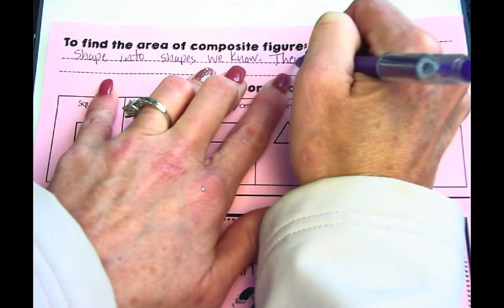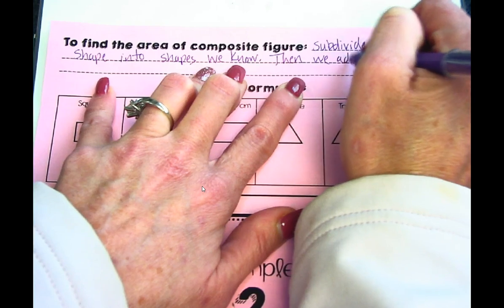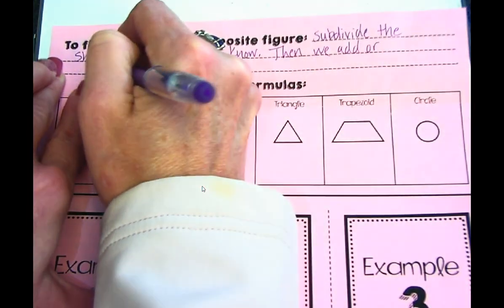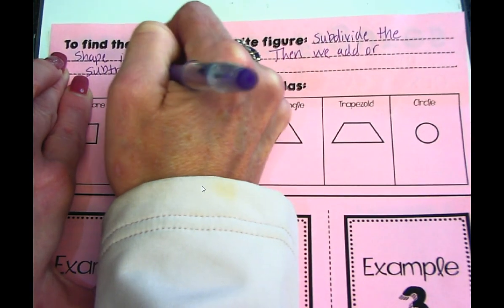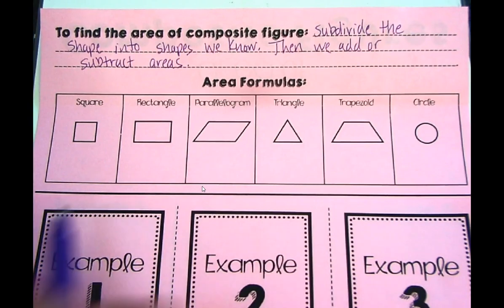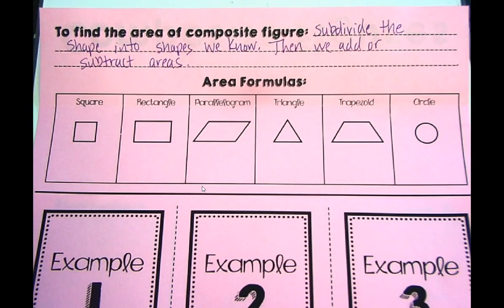Then we add or subtract. We'll talk later about why we would subtract the areas. So that's basically how we do it. We look at a shape, we think about the shapes that we know, and then we find those formulas. We use those formulas to find the area.